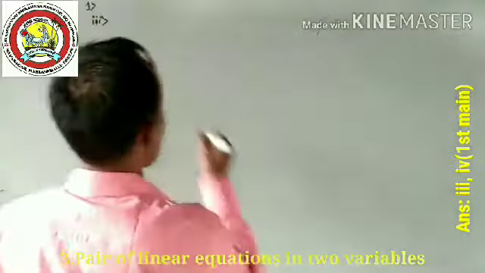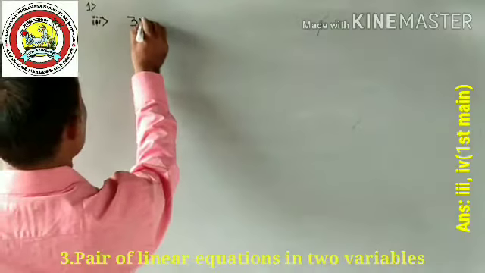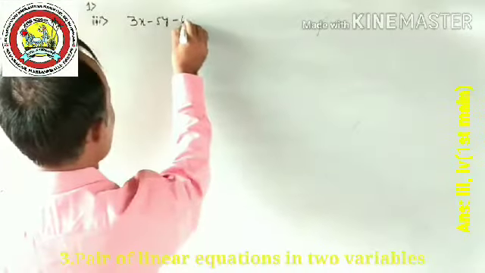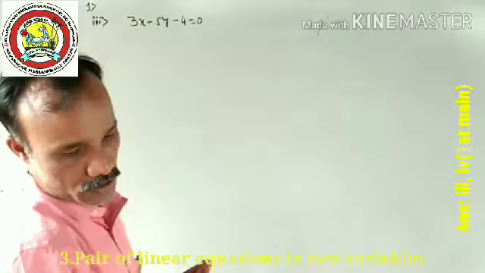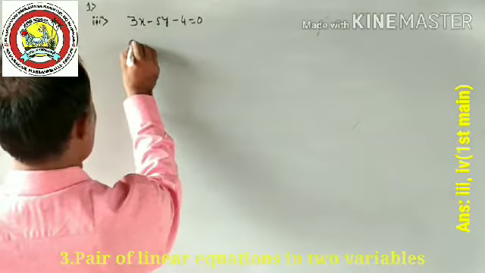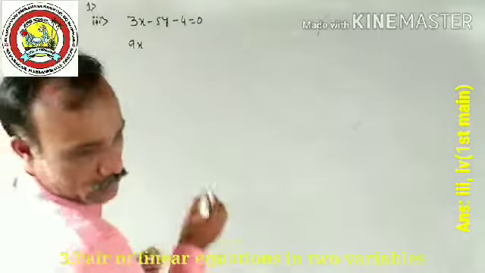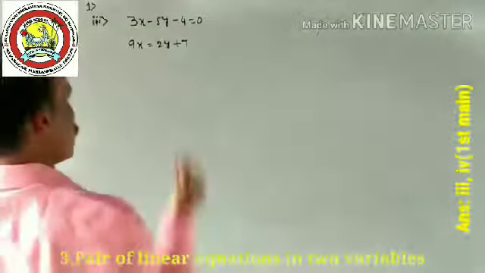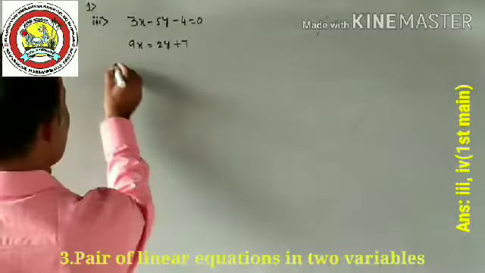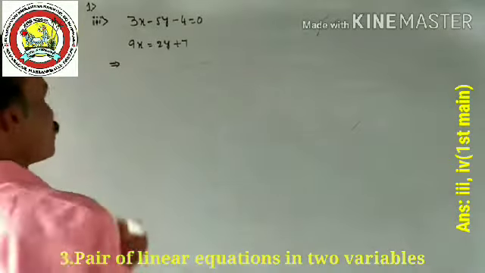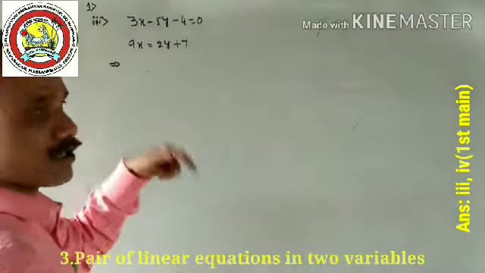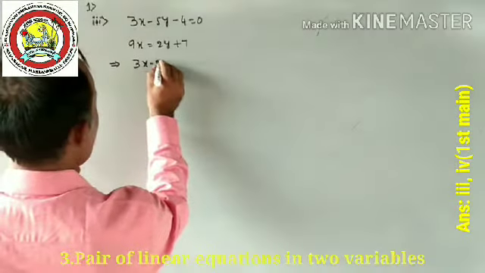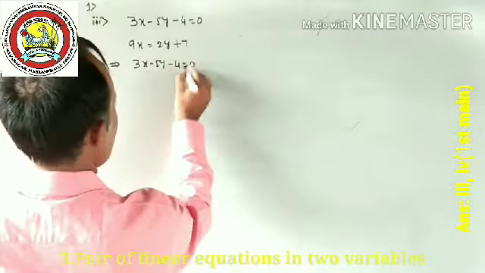Question number 3: 3x minus 5y minus 4 is equal to 0 and 9x is equal to 2y plus 7. First you have to check whether the pair of linear equations in two variables is in standard form or not. The first one, no problem: 3x minus 5y minus 4 is equal to 0.